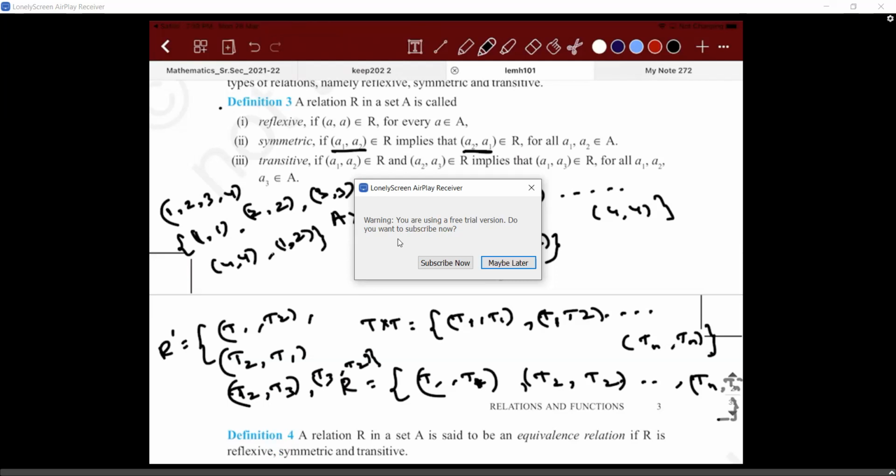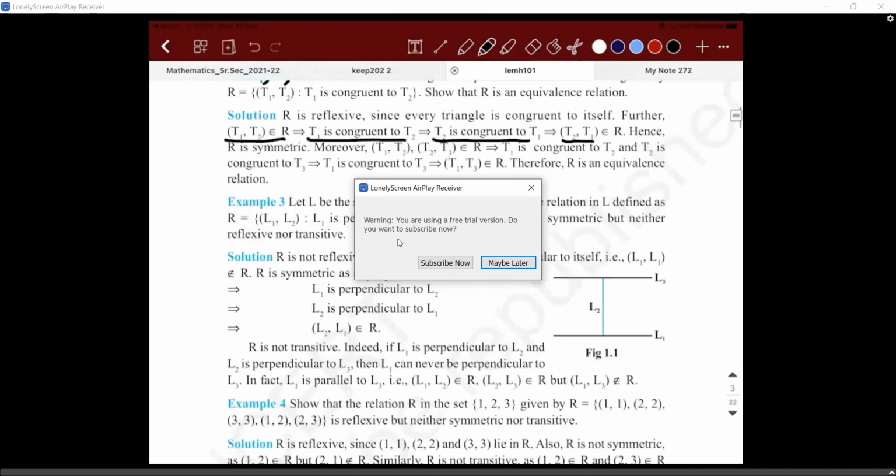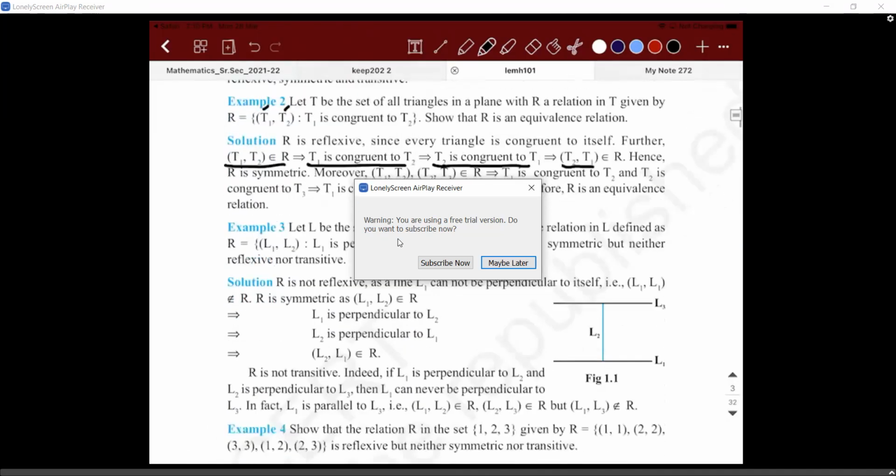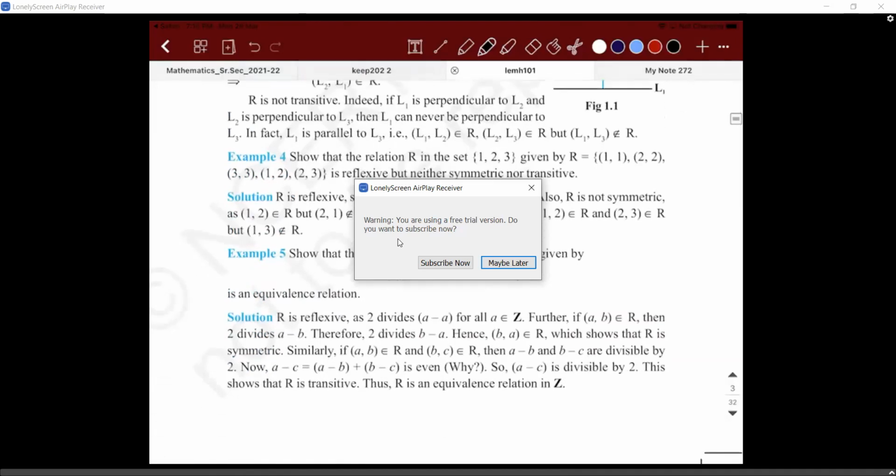Answer is yes, but you cannot call it as symmetric because 1, 2 is there, but 2, 1 is not. For example, if you had something like this: 1, 2, 2, 1, and 1, 3. Now we can call it symmetric. So that's it. Remaining things we'll discuss in the next class.